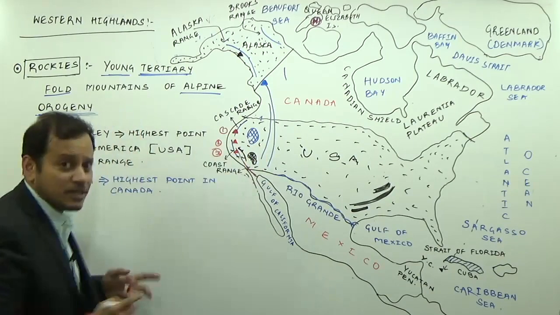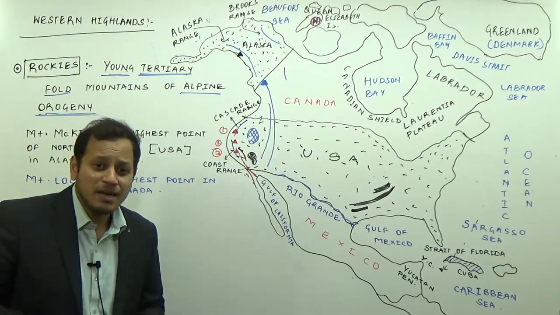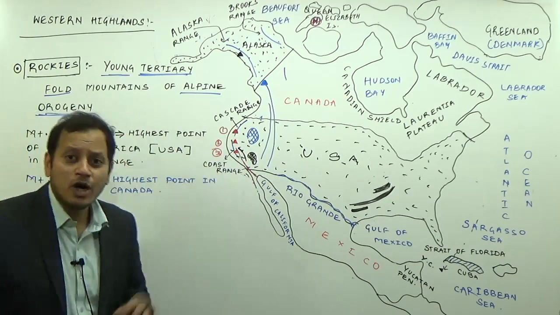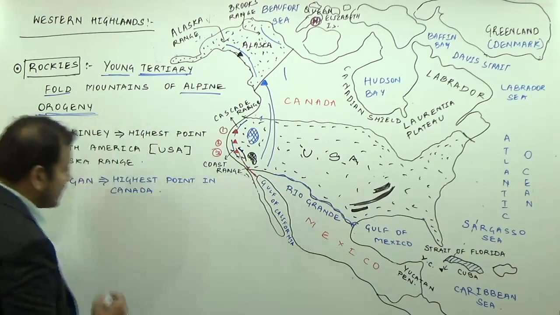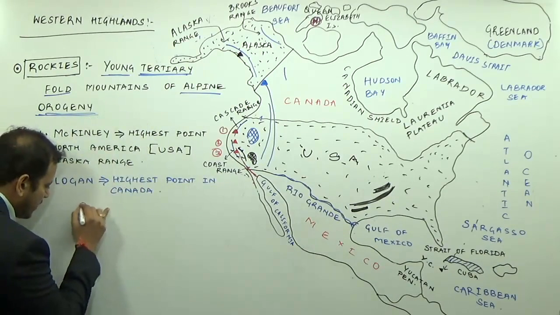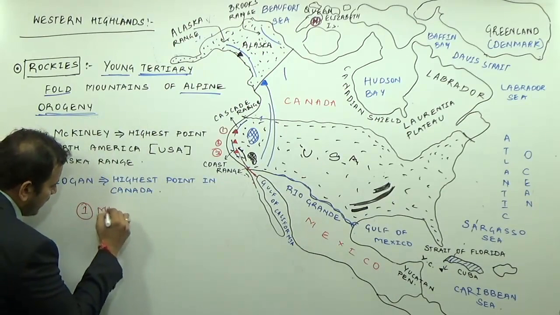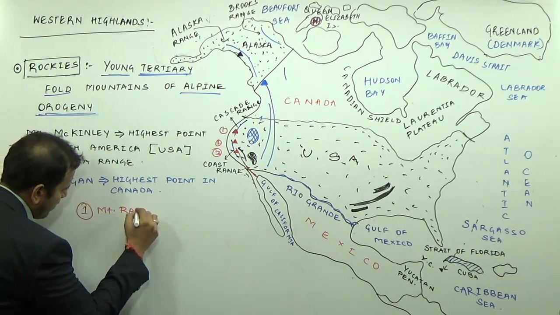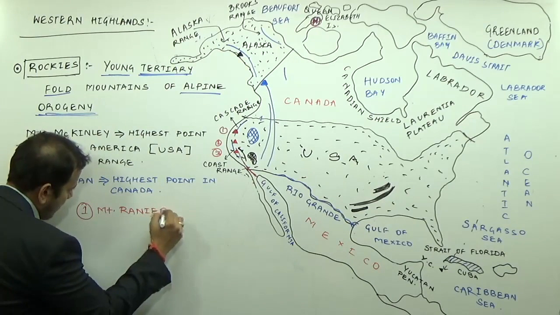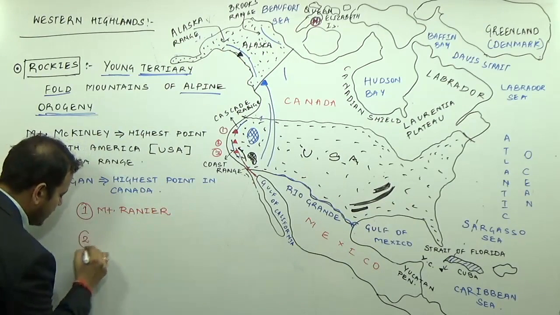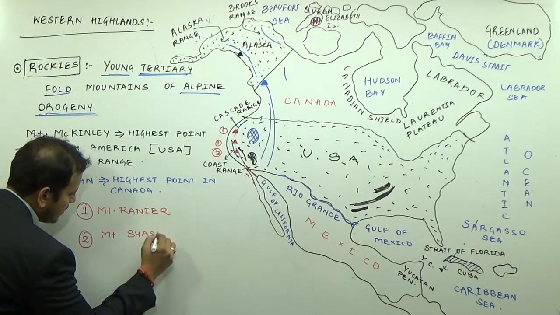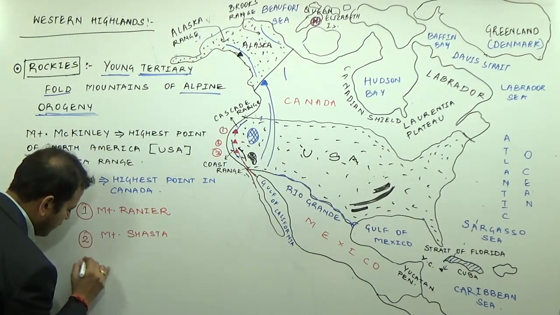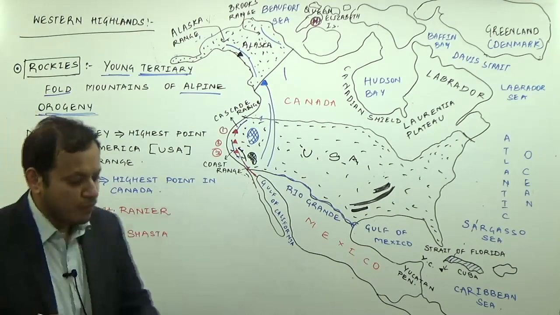What are these mountains and what is their importance? The importance lies in 1 and 2, not in number 3. We have already studied mountains 1 and 2. The first mountain here is Mount Rainier. The second mountain is Mount Shasta. And the third mountain here is Mount Whitney.